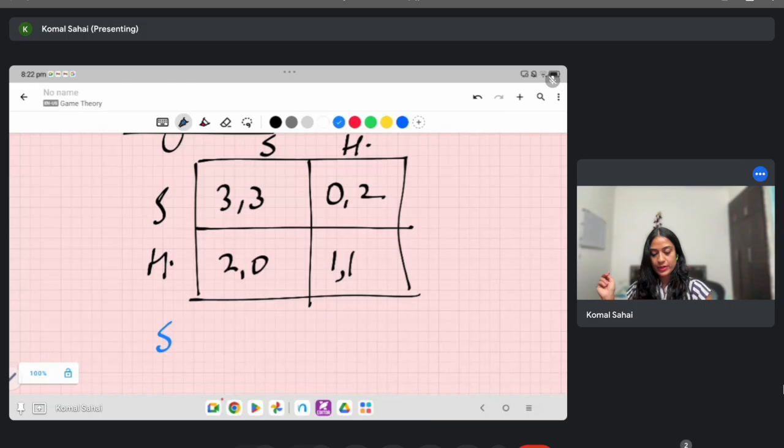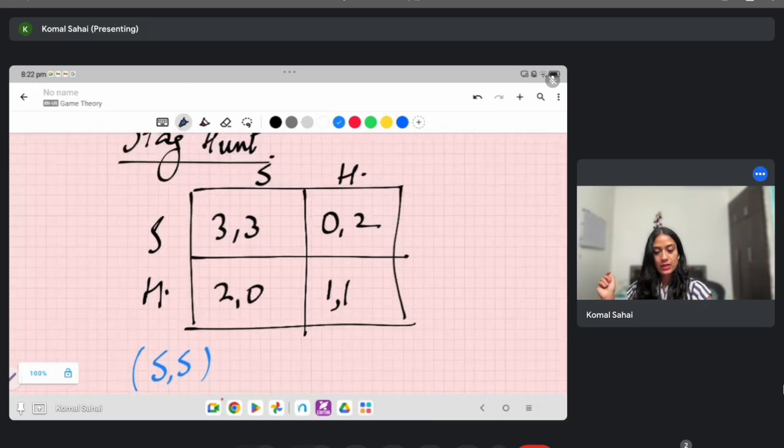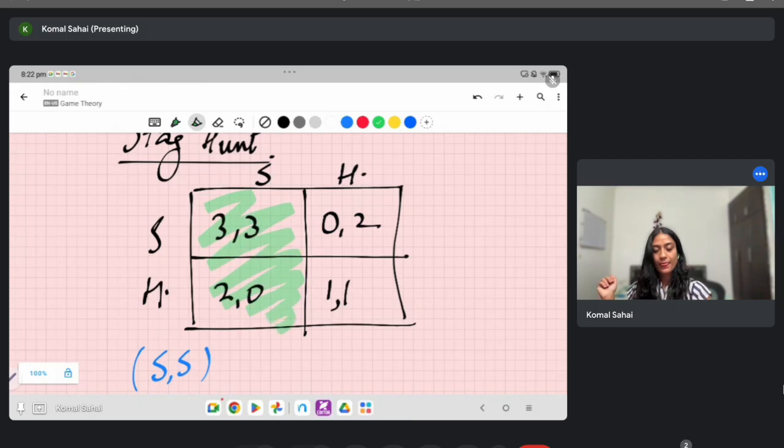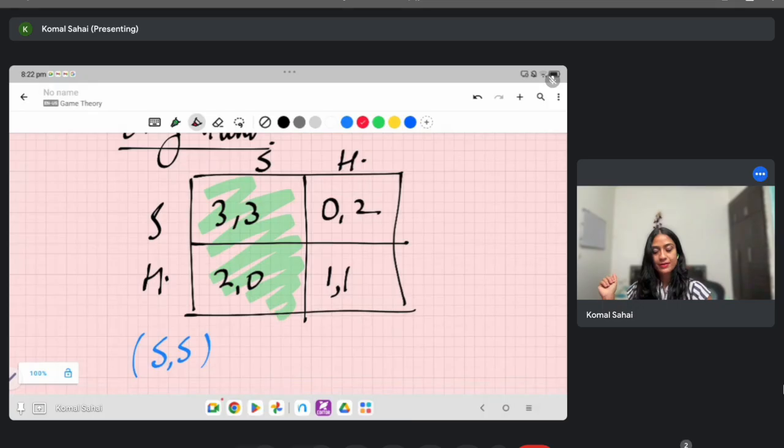In this case, let's check every outcome. Suppose we want to check S comma S. From the perspective of player 1, if the other player is going with S, then sticking with the strategy specified here gives 3 and deviation gives only 2.